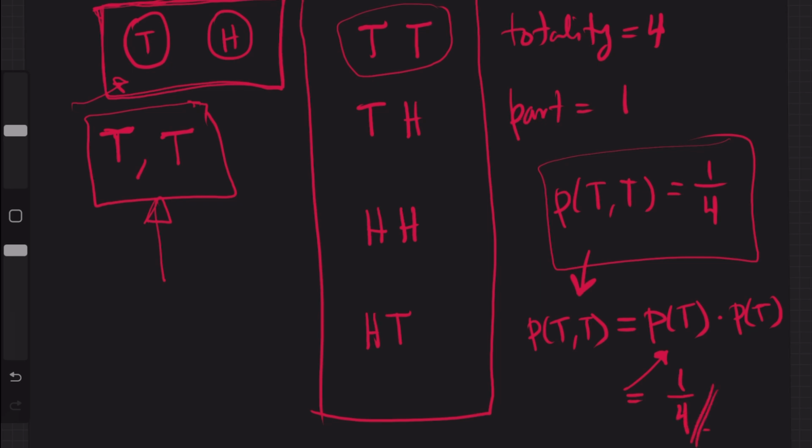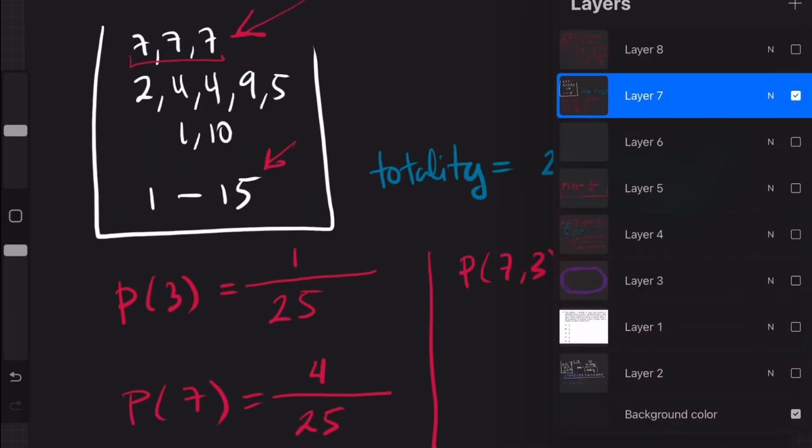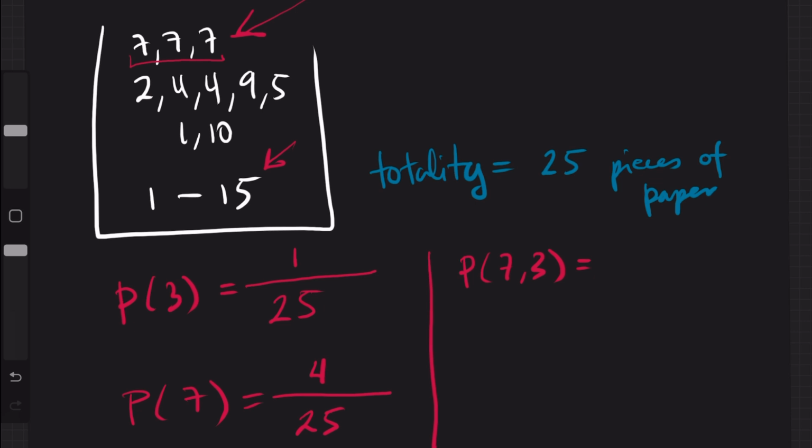So we can come back to this problem and now see that we also have a similar situation here. And this one would be this, because there are 4 sevens, just like we computed here, times 1 over 25.